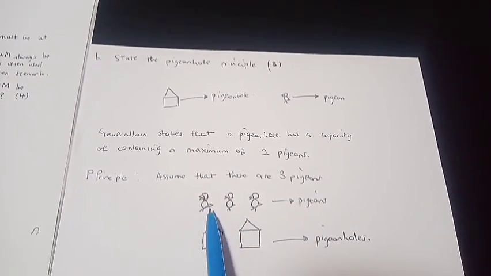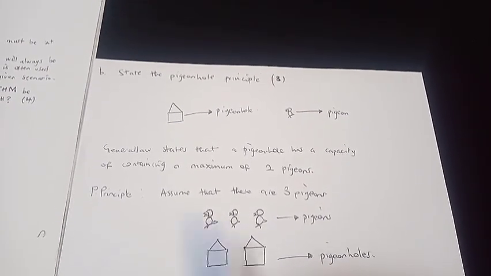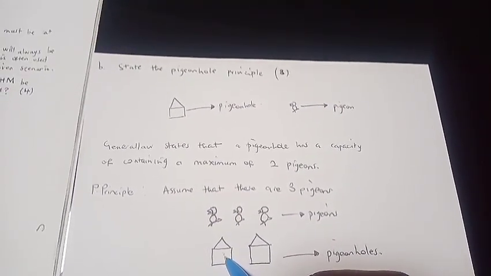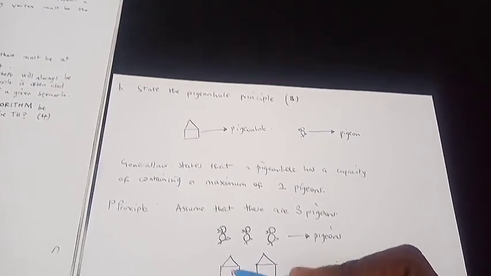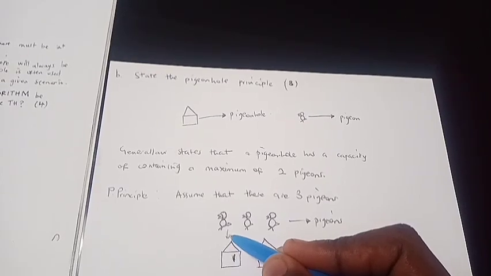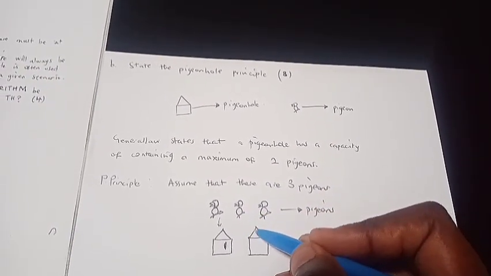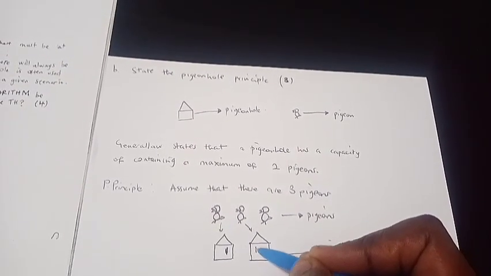If this first pigeon enters this pigeonhole, it becomes occupied, so I only write a 1. Then we use an arrow to indicate that this is occupied by this. If this pigeon again enters this pigeonhole, it also becomes a 1.